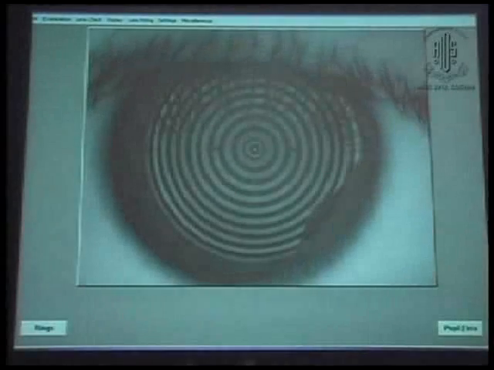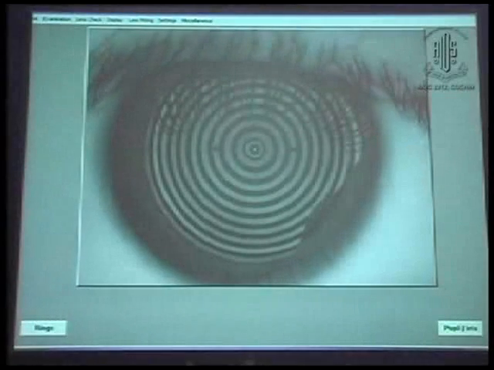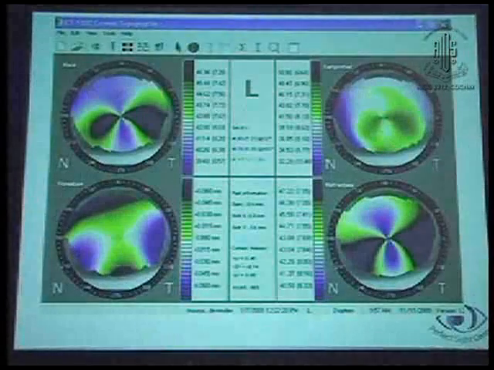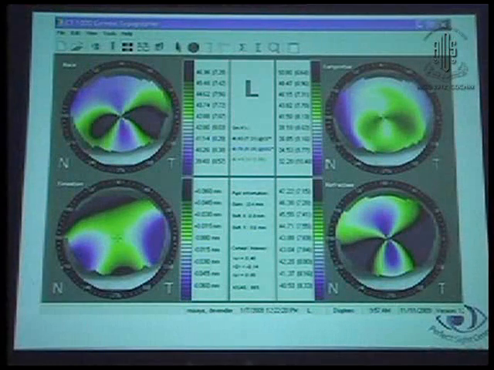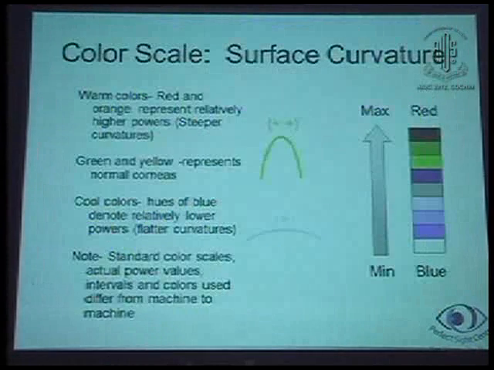Now, if you see this image, this is a raw image gathered by a Placido-based topographer. There's nothing much you can make out of what's happening here. There's some rings, the subtle changes may be there, but the naked eye cannot detect that. When the computer analyzes it, this is how it may come up. So you see a typical pattern over here, known as the butterfly pattern, seen in pellucid marginal degeneration.